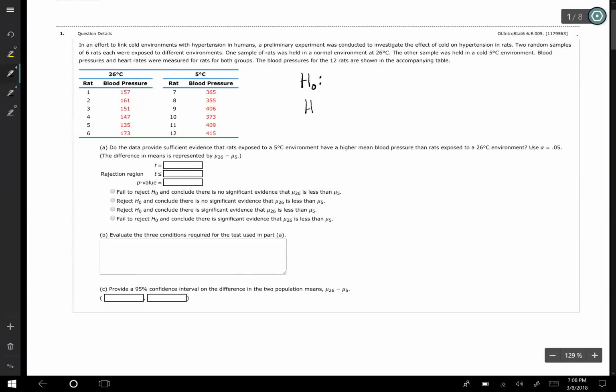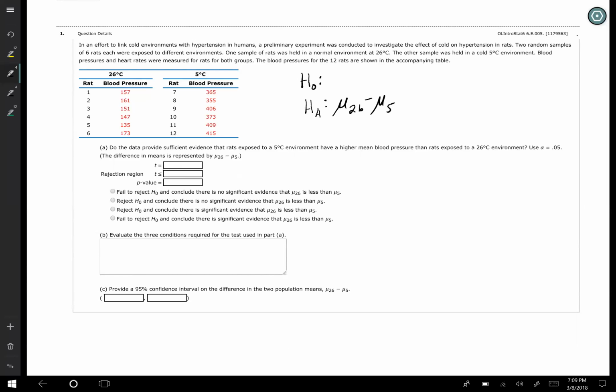But the alternative here, which I want to identify first, is: does the data provide sufficient evidence that the rats exposed to a 5-degree environment have a higher mean blood pressure than rats exposed to a 26-degree environment? So here, the difference in means, they've got mu26 minus mu5. That's how they want to represent it. Those are the two population means that they want to say something about.